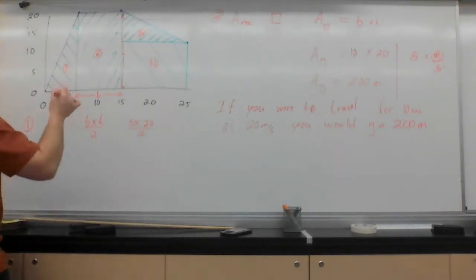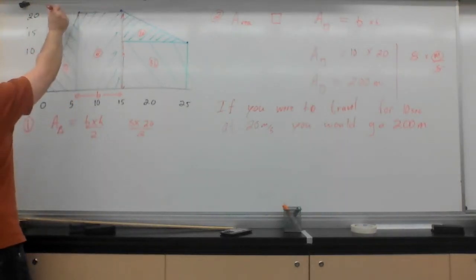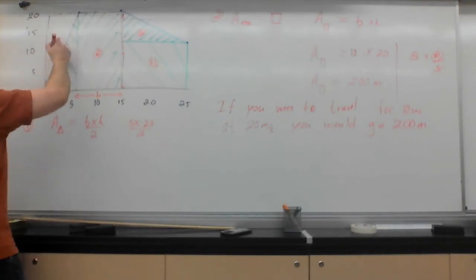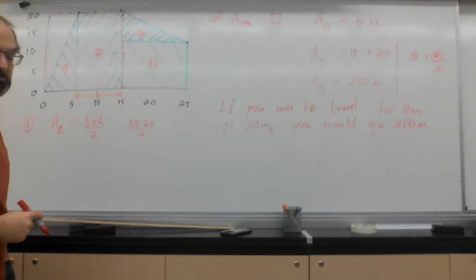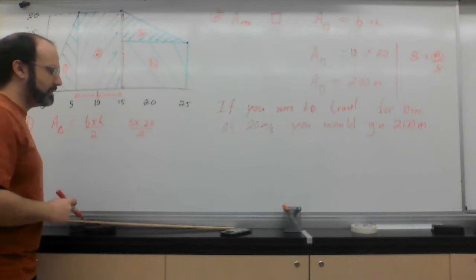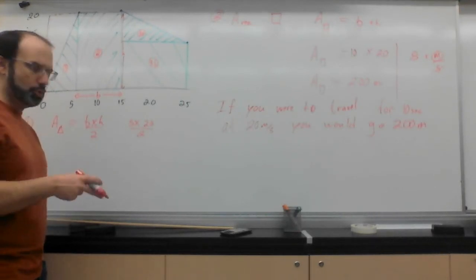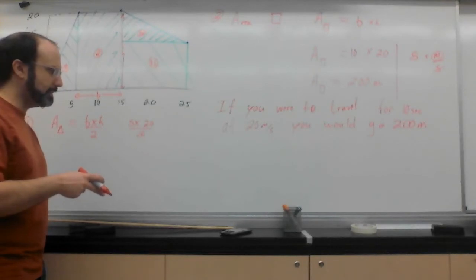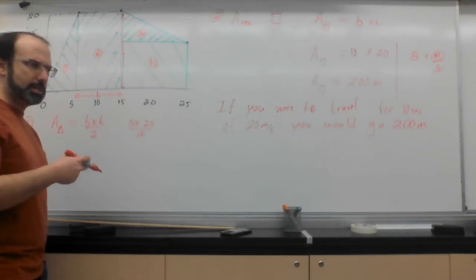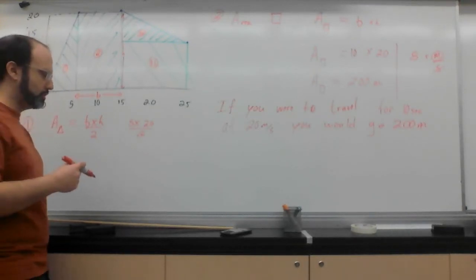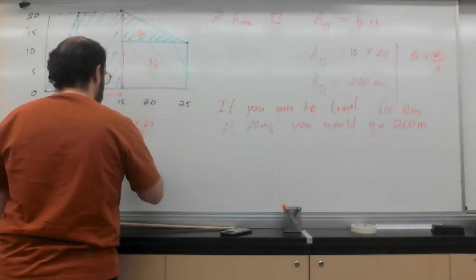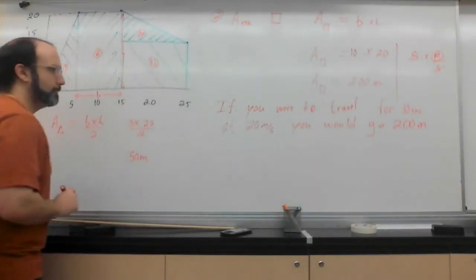A triangle is half the square. So there's this whole section here that's missing right now. So 5 times 20, well, let's see, 5 times 2 is going to be 10. And then I add a 0, so it's 100. Divided by 2, that's going to be 50. So this is going to be 50 meters.